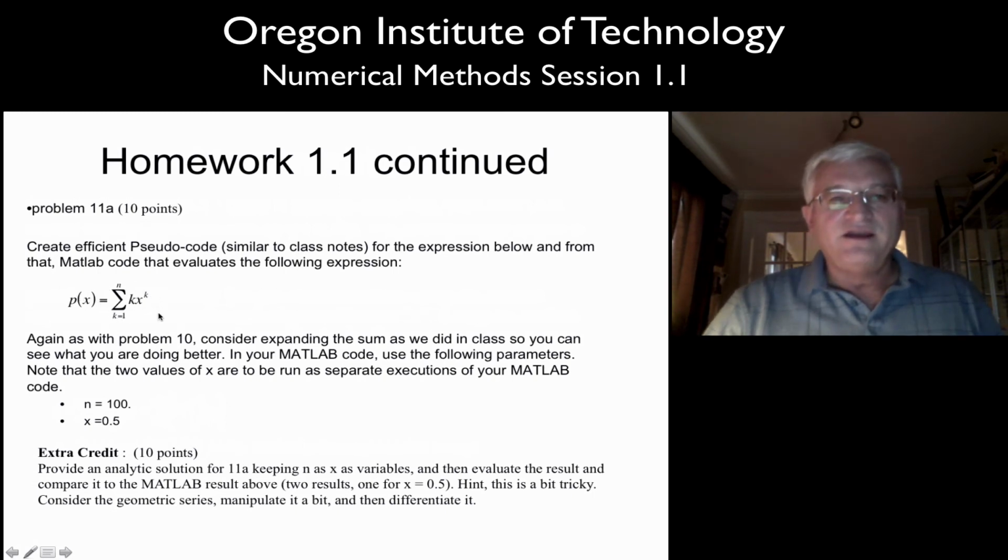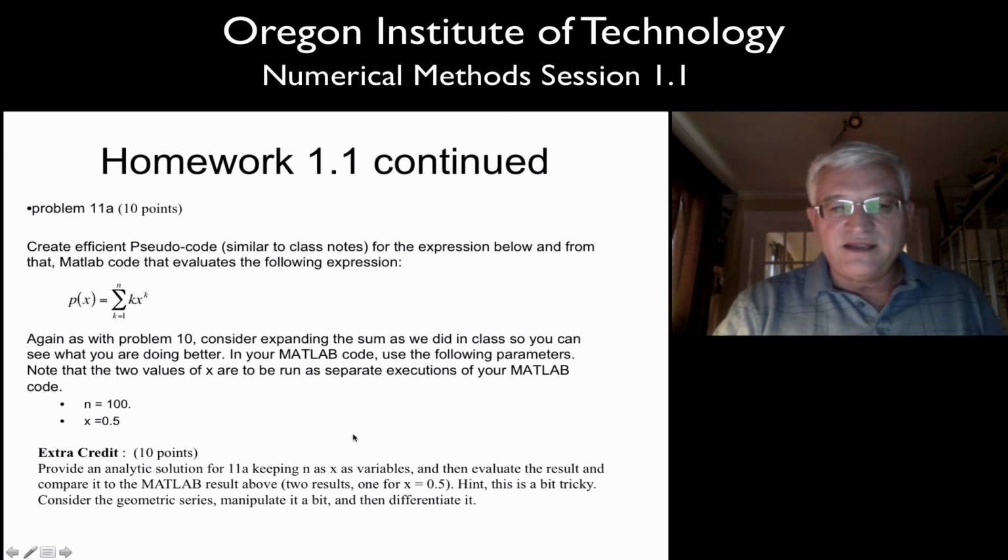In other words, I don't want it to be a sum, I want it to be a polynomial in terms of n. And that's a little bit tricky, so you're going to have to take a look at it. I do have some hints for you I will send out, but the hint is viewing it as a geometric series and then monkey with it a bit, and you will need to differentiate it to make that formula work.